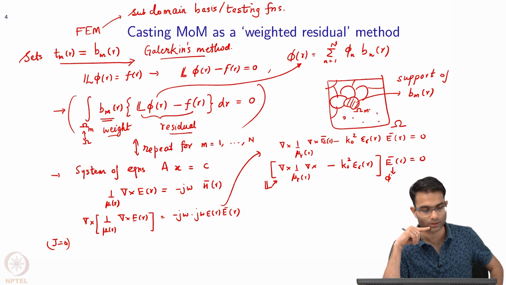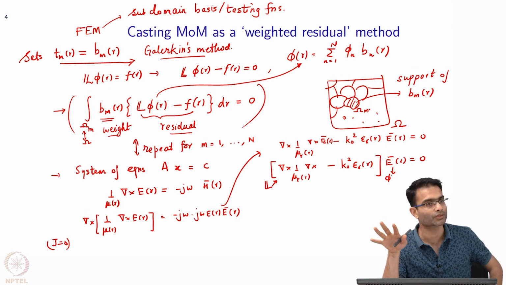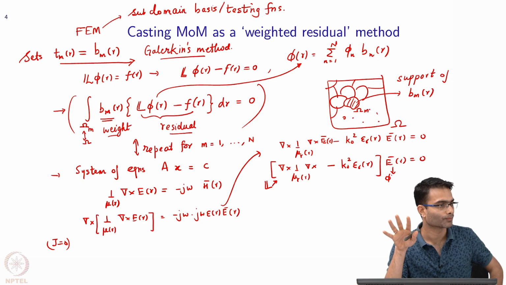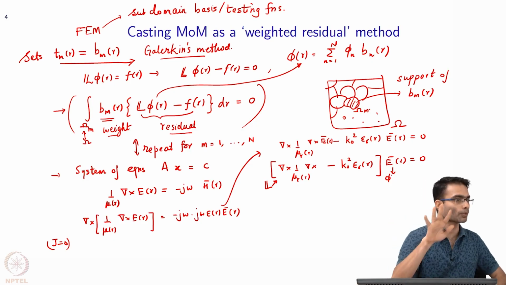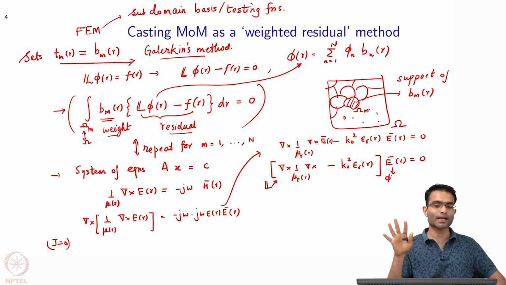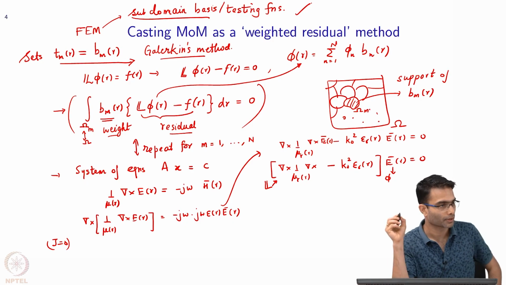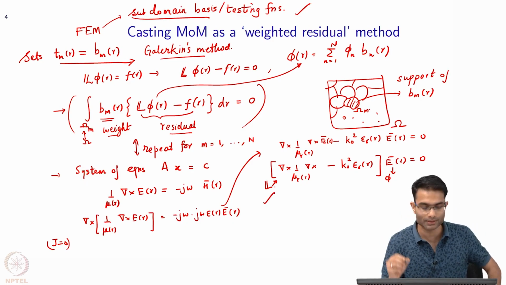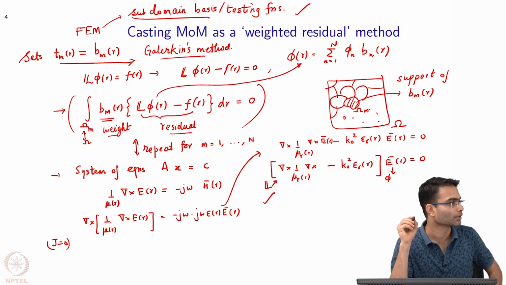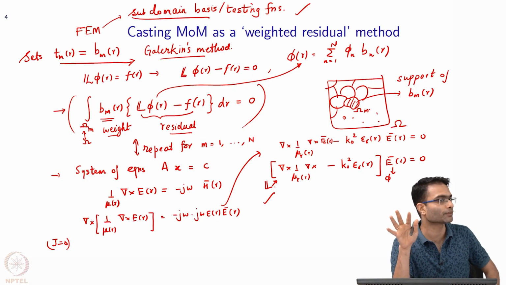So, to sum it up, the basic setup of the finite element method is that, first of all, the basis functions are subdomain, which is a key point. Next, your operator is a differential operator, therefore there is no Green's function involved in its solution.